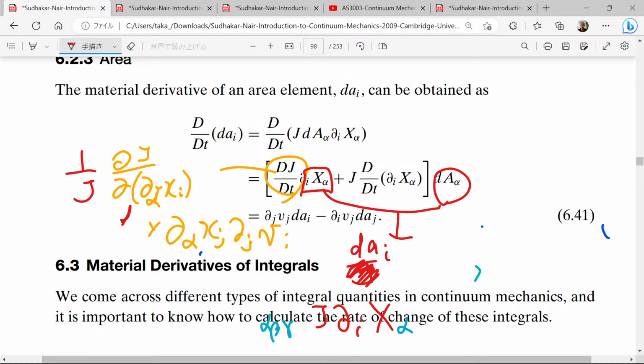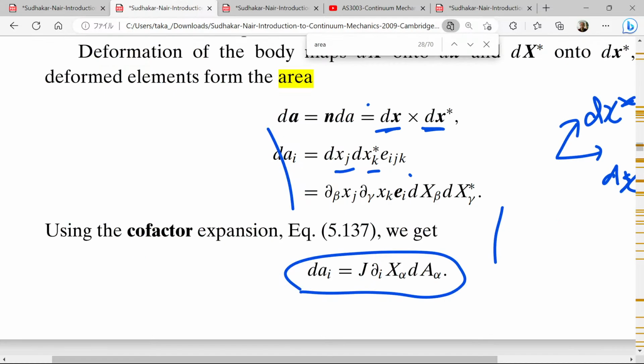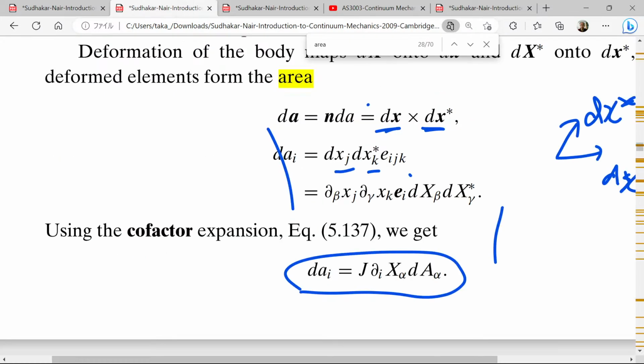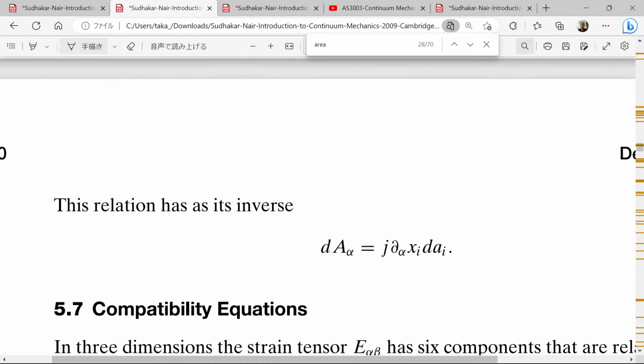I thought I figured it out. DJDT. There was some section explaining DJDT. I think there was some part.